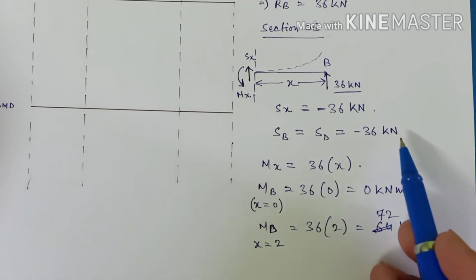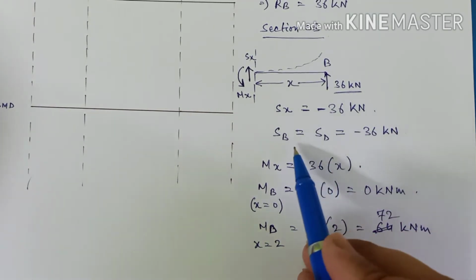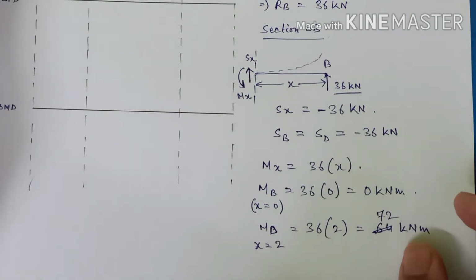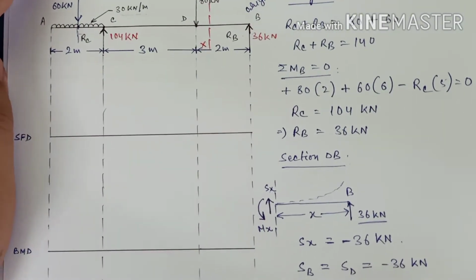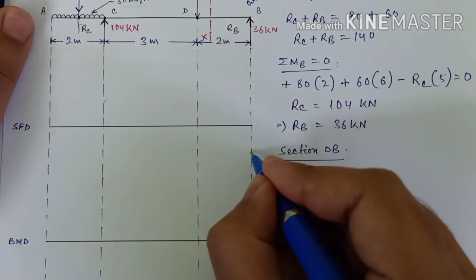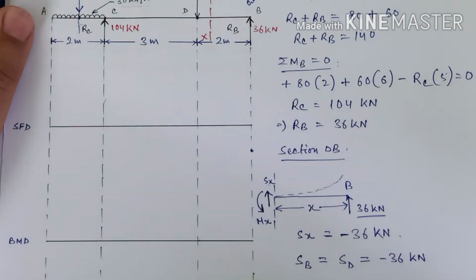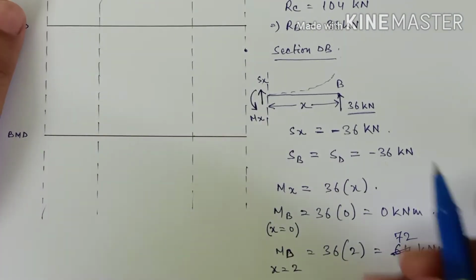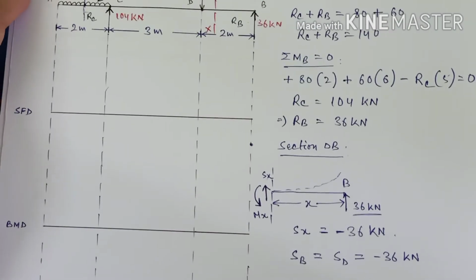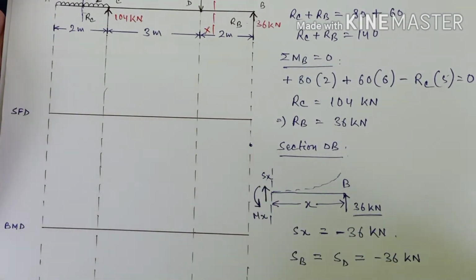So let us first focus on this SFD. For SFD, shear force at B and D will be equal. So in this particular diagram, let us assume that this is my point where it is actually minus, so it will be below the baseline. So this is minus 36.